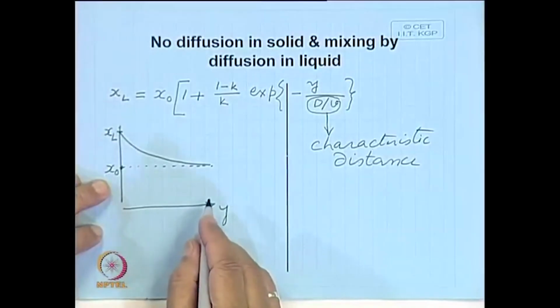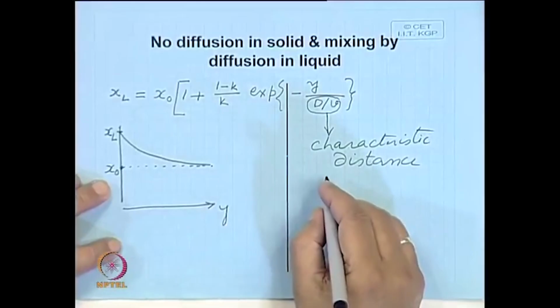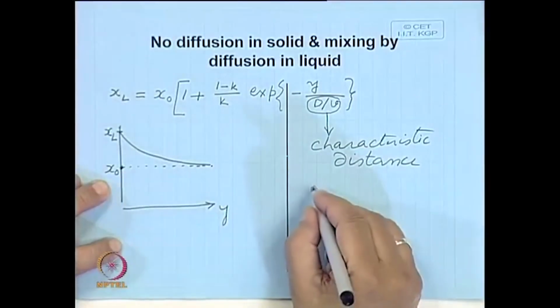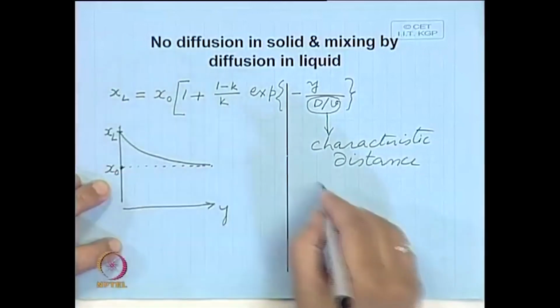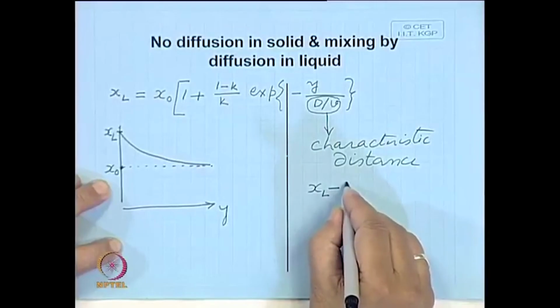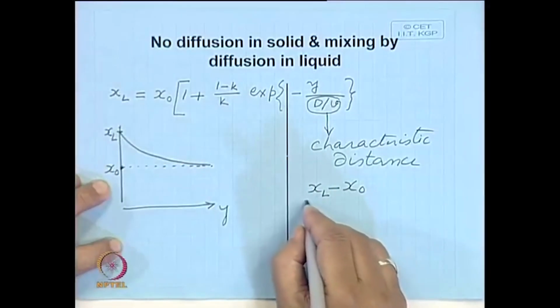Now, if you go back to the previous expression, x_L minus x_0 is this.